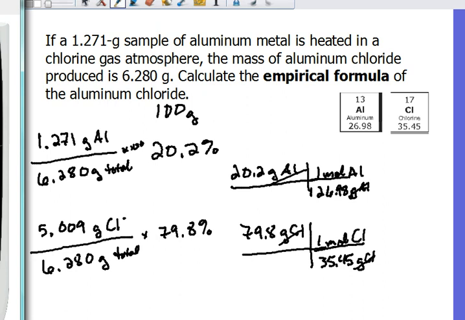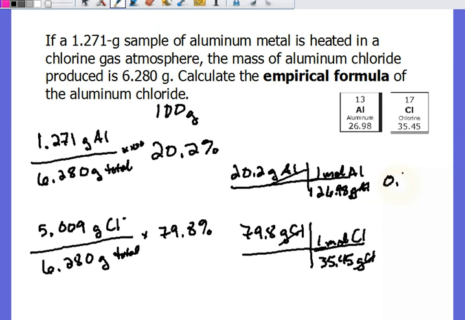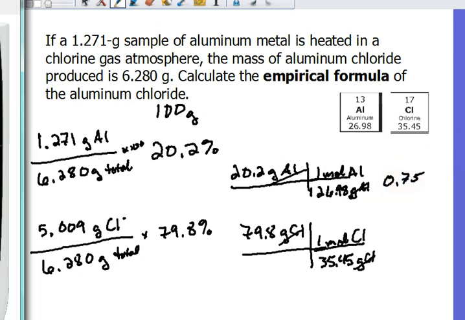And you'll see that it comes out roughly as 0.75. And then for your chlorine, you have your 79.8 divided by 35.45.